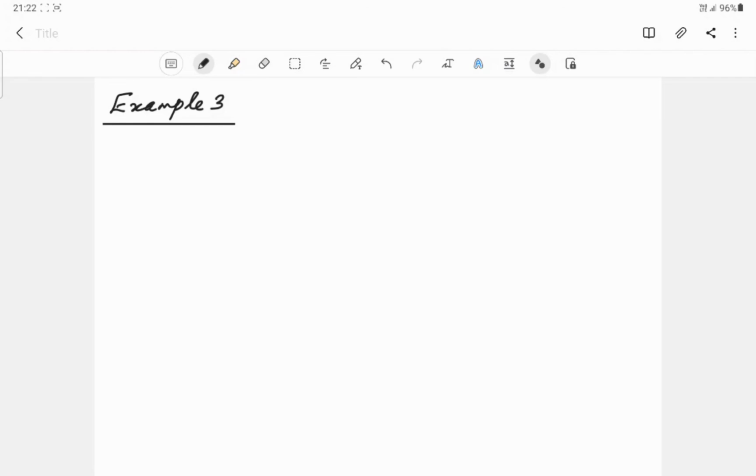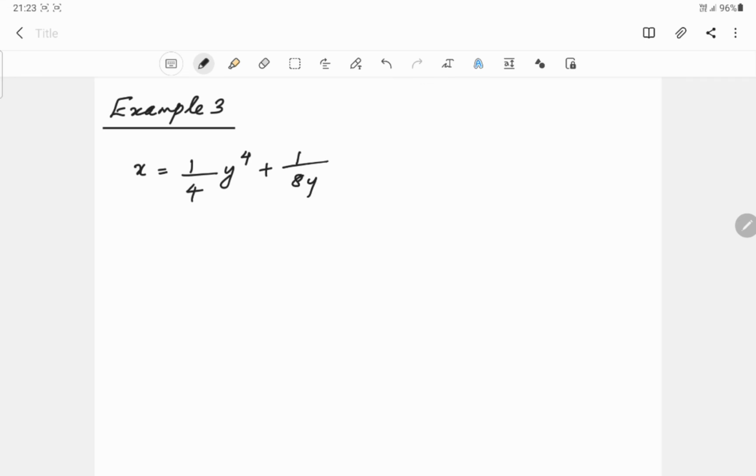We have example 3. Find the arc length of the graph of the function x is equal to 1 by 4 y raised to 4 plus 1 by 8 y square, from P of (3 by 8, 1) to Q of (129 by 32, 2).